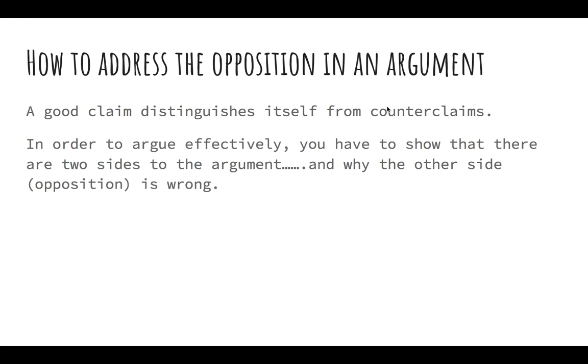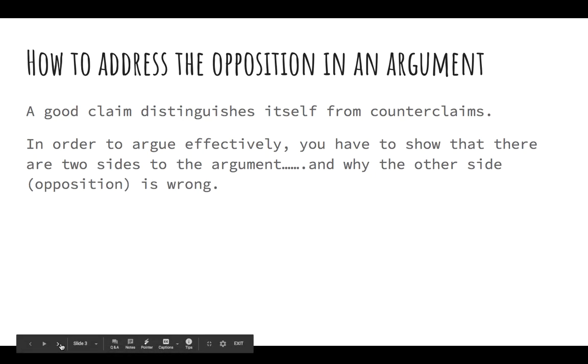So in order to argue effectively in an essay and in person, you have to show that there are 2 sides to the argument and why the other side, the opposition, is wrong. Okay? Think about if you're in an argument with someone. You have to disprove them, right? You want to show that they're wrong, right? An argument wouldn't be an argument without 2 sides, okay?